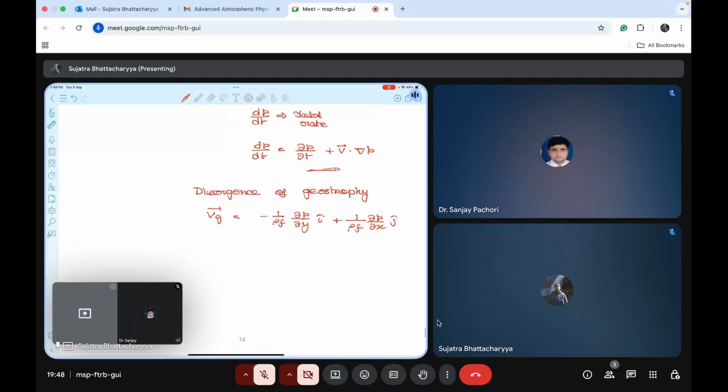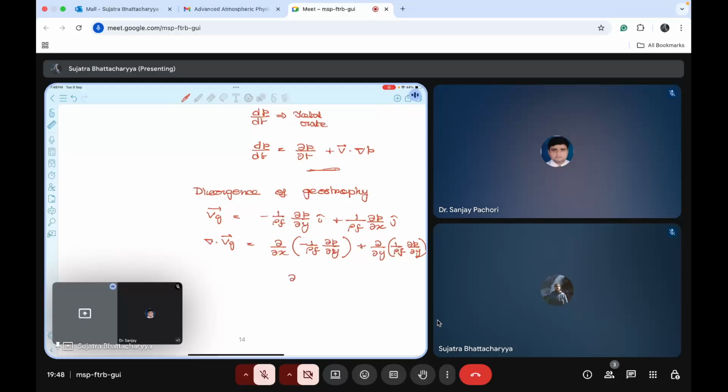Just remember one thing: when you do del dot Vg, you will be doing delta by delta x of the first term plus delta by delta y of the second, because it's a vectorial thing.